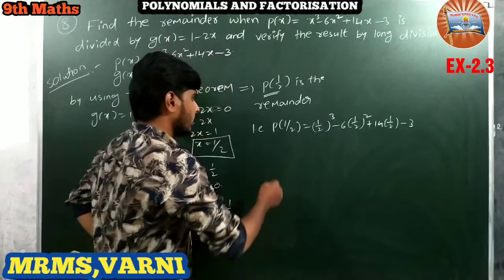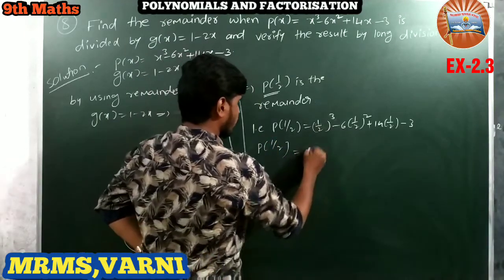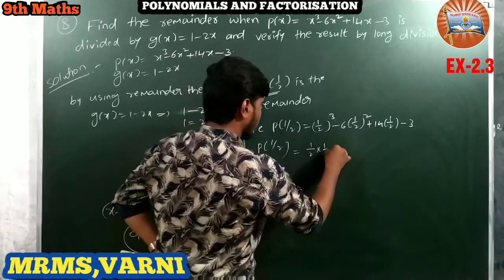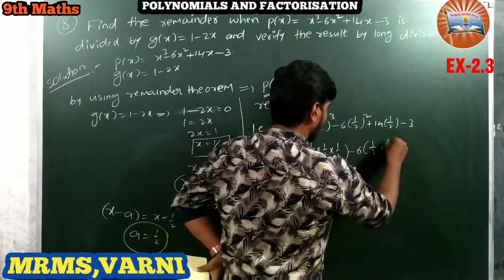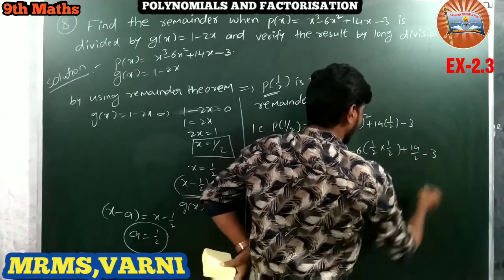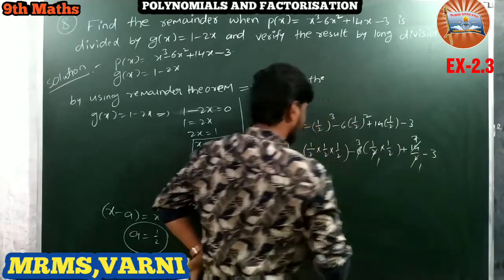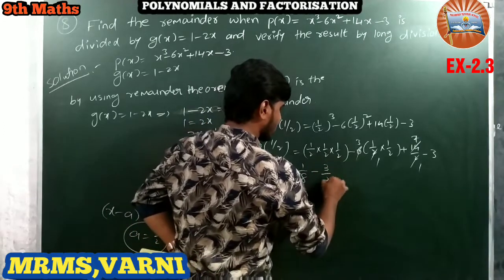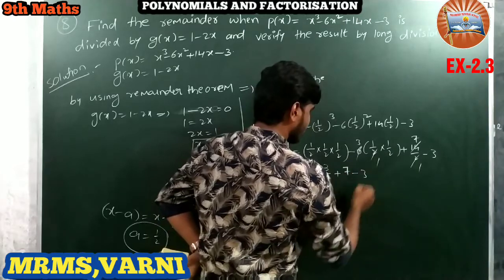Okay, right. So p of 1 by 2 is 1 by 2 into 1 by 2 into 1 by 2 minus 6 into 1 by 2 into 1 by 2 plus 14 by 2 minus 3. 2 1s are 2, 7s are 14... This becomes 1 by 8 minus 3 by 2 plus 7 minus 3.